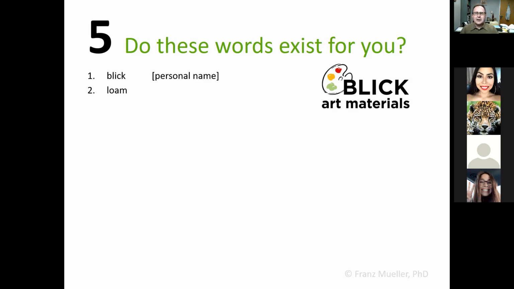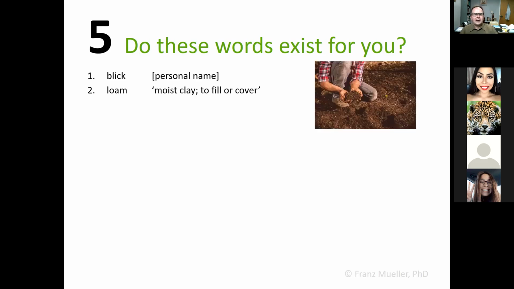A lot of the front yards that we have around Orange County here have loam, sort of like a clay-like dirt. And if you don't work at the Home Depot or you're not into gardening, you may have never seen this word before. But if you did belong to those groups, you certainly would know what loam is.